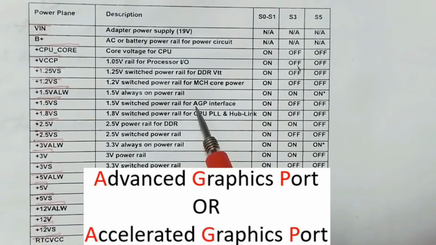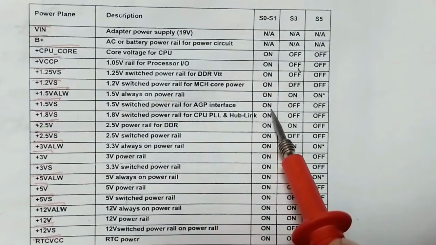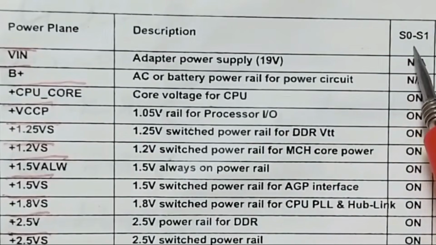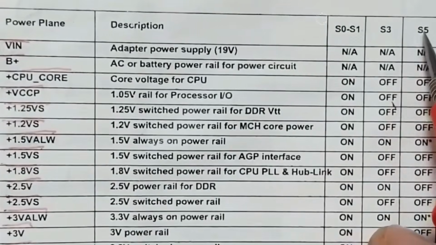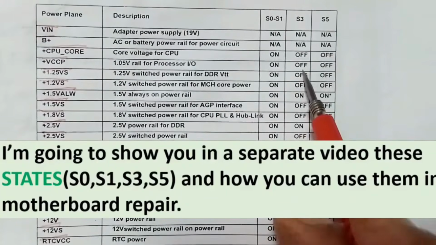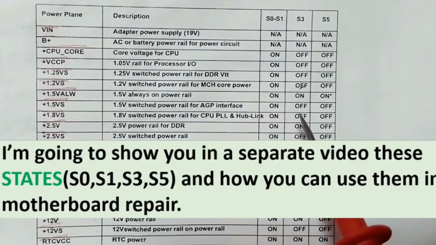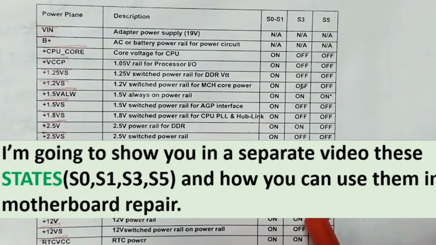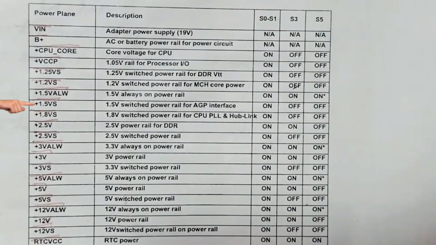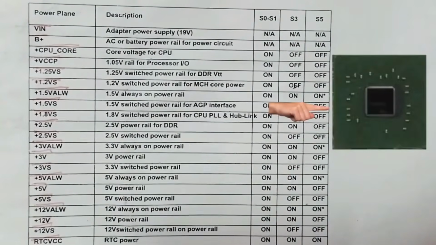This is for the graphic card. Here we have on: in state 0 and state 1, this 1.5 volt is on. I'm going to show you this state in separate videos and how you can use it to solve and repair motherboards instantly. So 1.5 volt is for the graphic card.